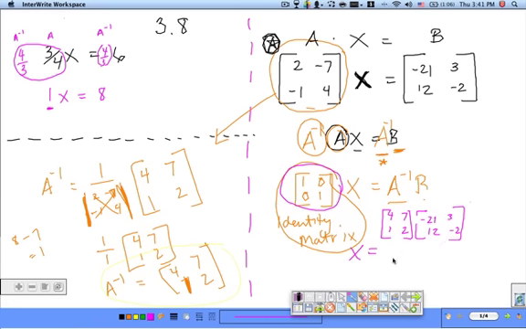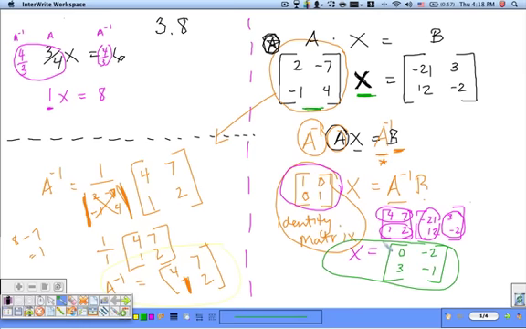Multiply these two matrices together and you have x. So multiply these rows times these columns and get your answer. Okay? The answer for x is 0, -2, 3, -1.